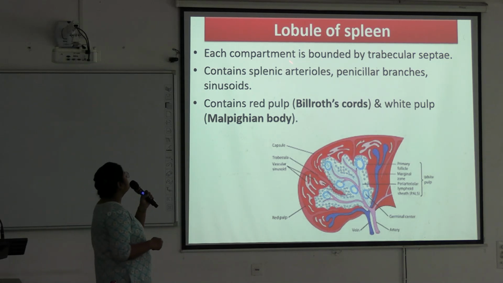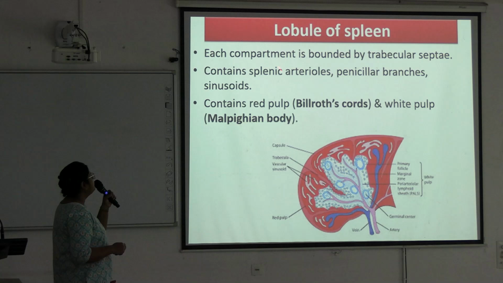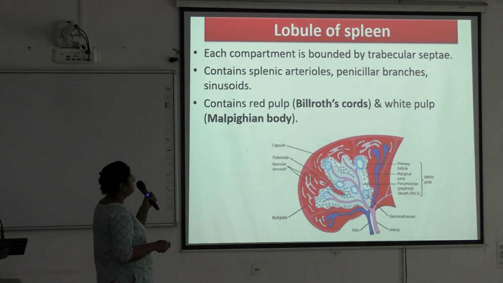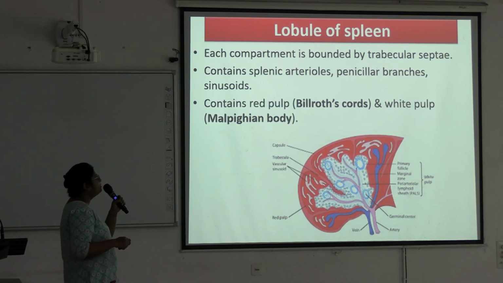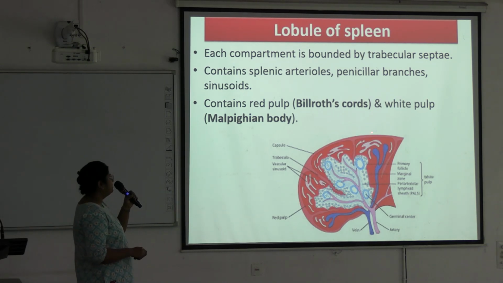So the lobules of the spleen: each compartment is bounded by trabecular septa. Here the lobules are incomplete. You can see these are the trabeculae. These are dividing the substance of the spleen into lobules.